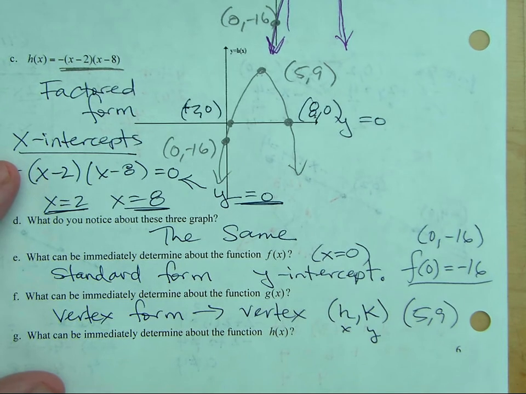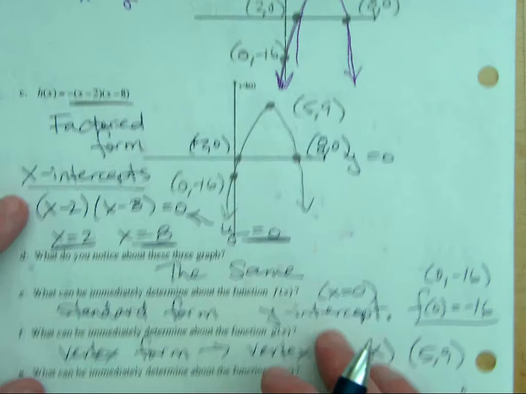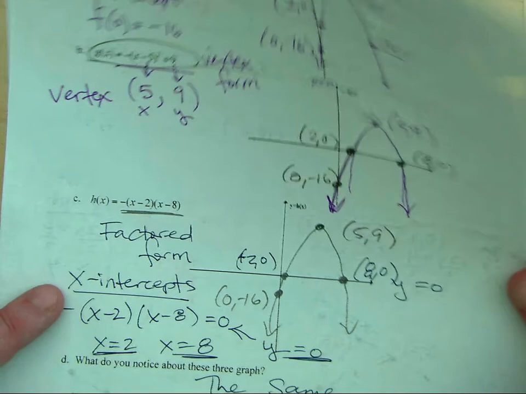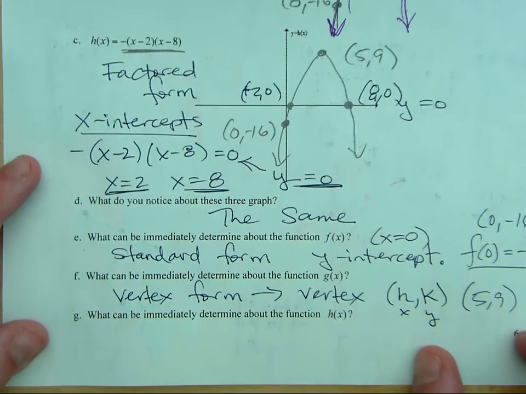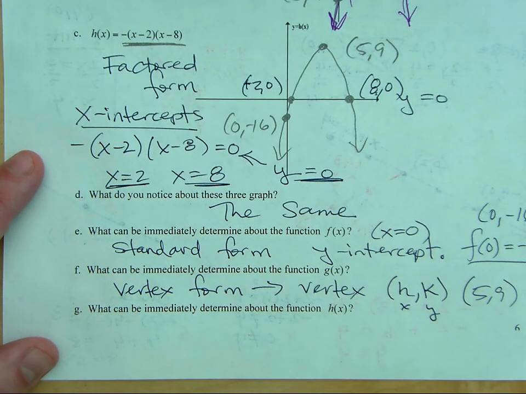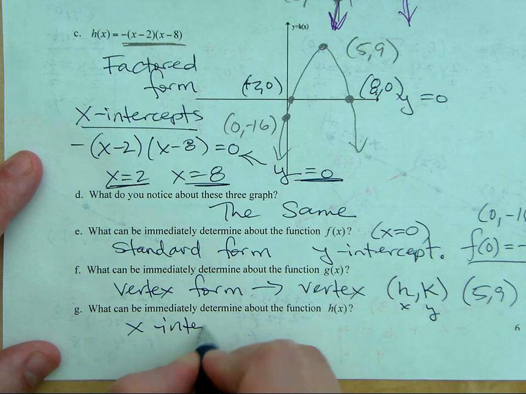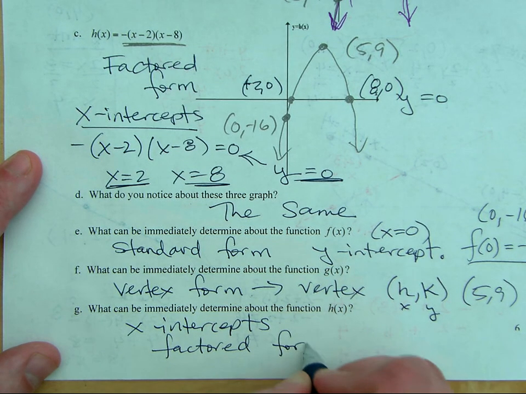was the vertex. And what can you immediately determine from the function h of x? So we looked at h of x here. What can you immediately determine from that form? It's in factored form, and we said it gives us the x-intercepts. X-intercepts come from factored form.